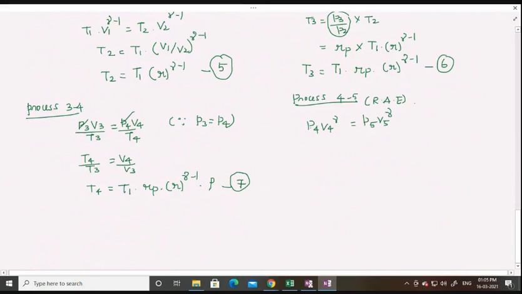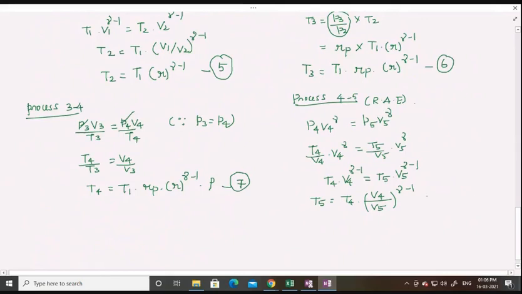Again, you can replace the pressure in terms of temperature: T4 divided by V4 into V4 power gamma equal to T5 divided by V5 into V5 power gamma. So T4 into V4 power gamma minus 1 equal to T5 into V5 power gamma minus 1. Actually we need T5. So T5 equal to T4 into V4 divided by V5, power gamma minus 1.